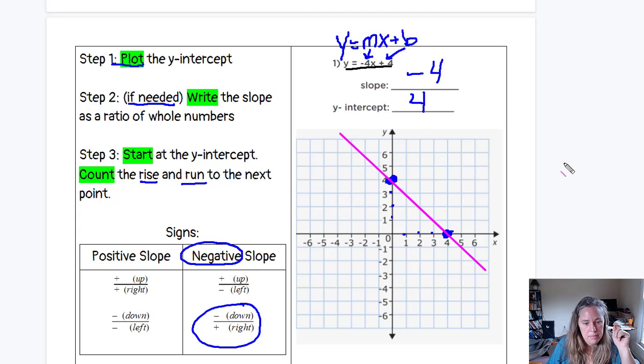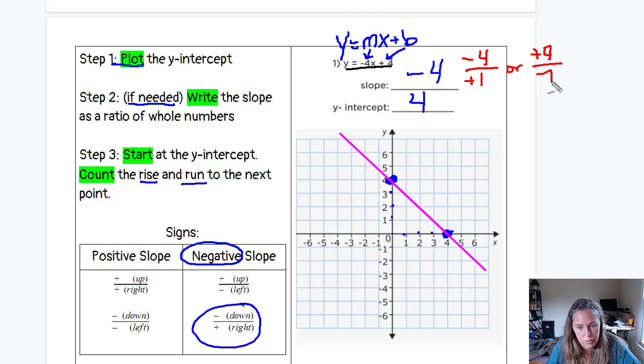Okay, so my mistake, if I write this slope as a ratio of whole numbers, it's going to be -4 over 1, or +4 over -1. This is getting so sloppy. I don't have an eraser. That's a 4.